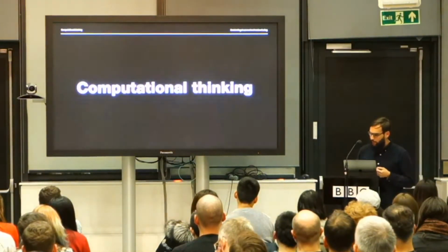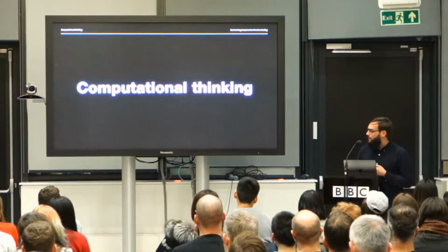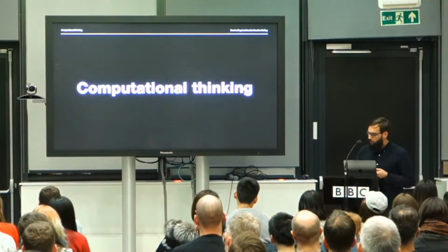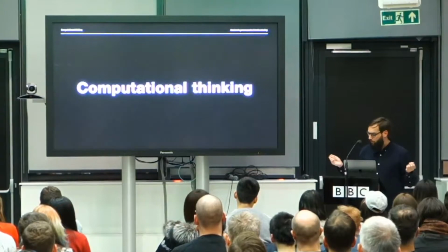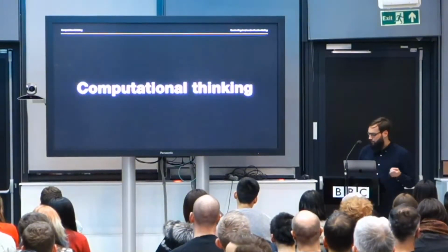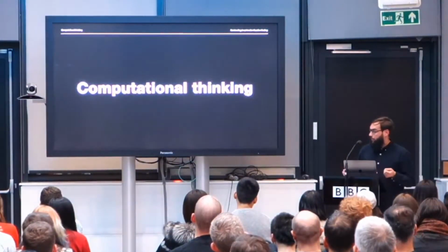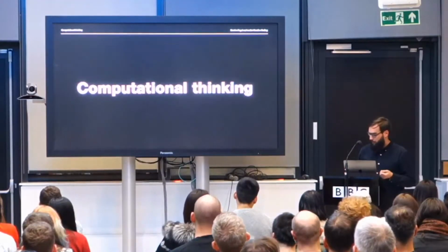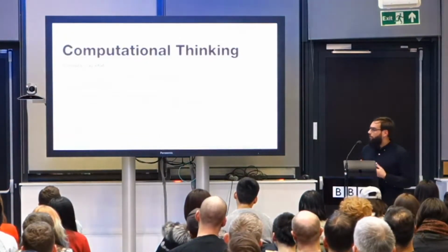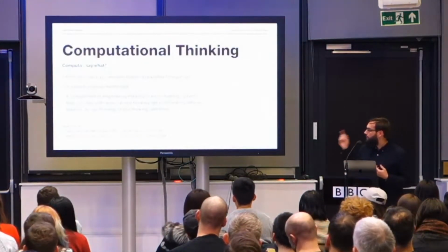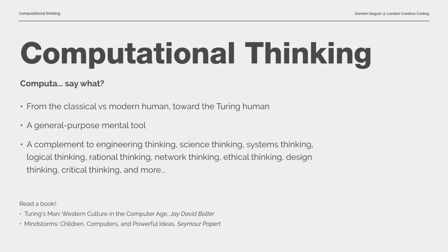This idea and its premises have been around since the 50s, since the computers took different names: combinatorial thinking, algorithmic thinking. J. David Bolter extended the opposition of classical versus modern man and pushed toward the Turing man, or human, I'm going to use.